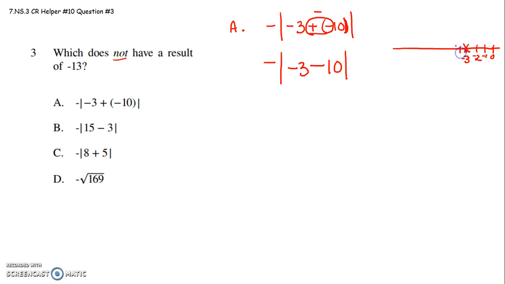So that's 1, 2, 3, 4, 5, 6, 7, 8, 9, 10 places over. That would be negative 4, negative 5, negative 6, negative 7, negative 8, negative 9, negative 10, negative 11, negative 12. There we're at negative 13 when I take negative 3 and move 10 left. I end up at negative 13.